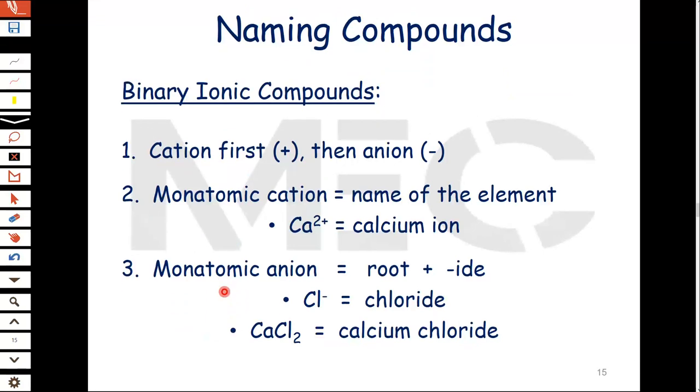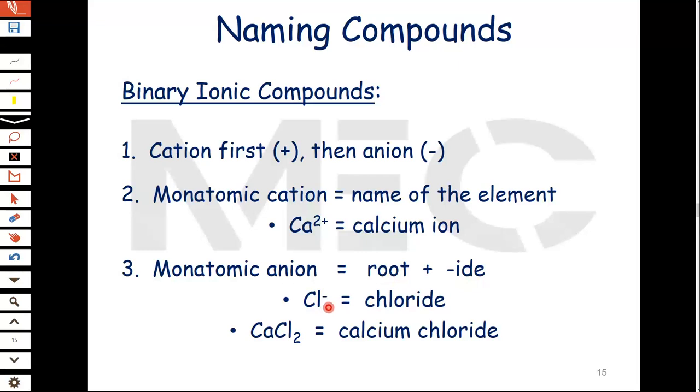Okay, binary ionic compounds. Cation first, and then anion. Anion is a negative charge, cation is a positive charge. Monoatomic cation, name of the elements. Monoatomic anion, root plus IDE.